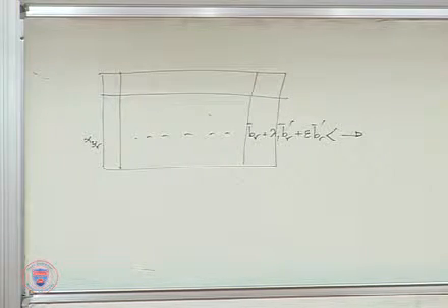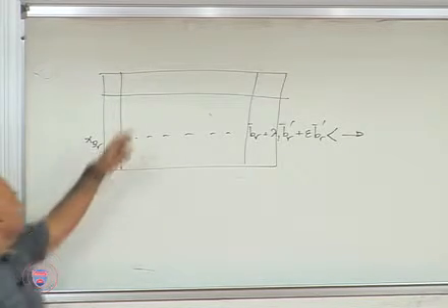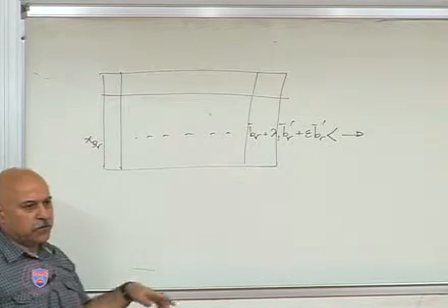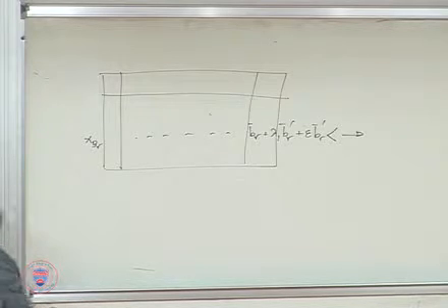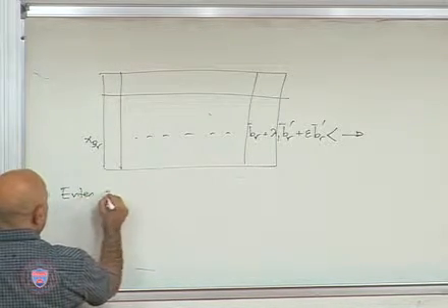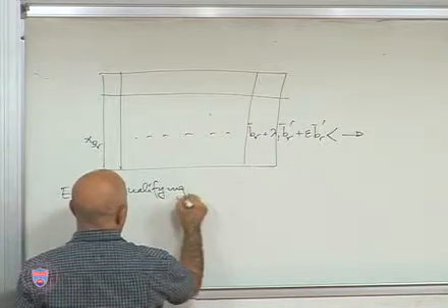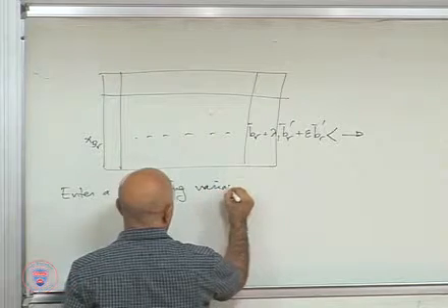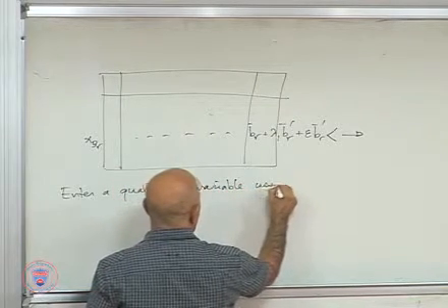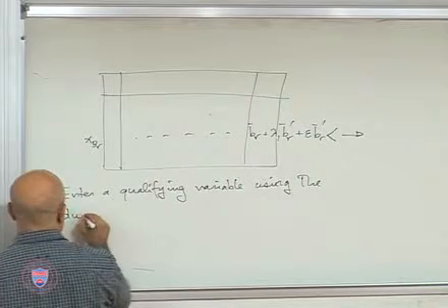You inspect or you find the negative ones, and then you look at the appropriate ratios of the top values to those, and then you enter a qualifying variable, using the dual simplex criteria.